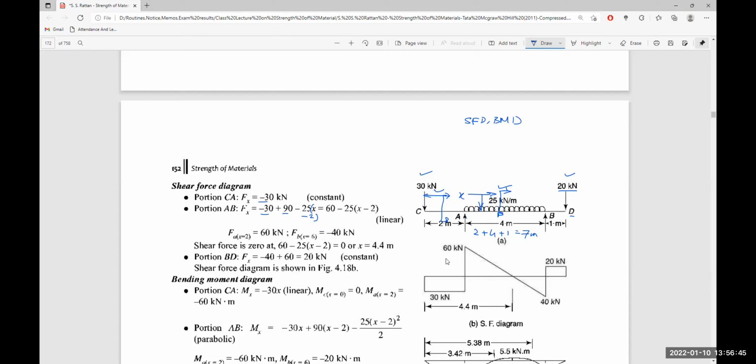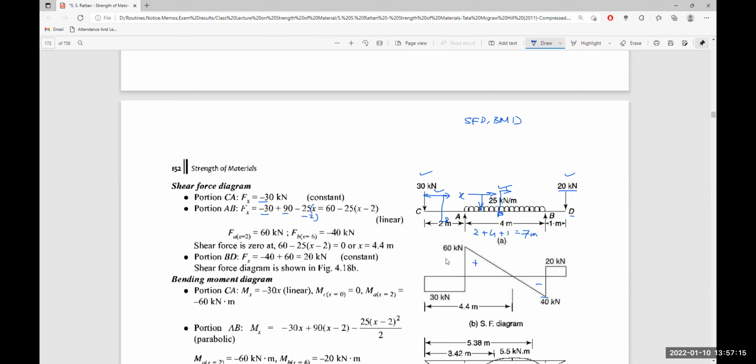And at the point B, where x is equal to 2 plus 4, that is 6, if we put 6 here, it is 4 times 25, minus 100. 60 minus 100 means minus 40. Here the shear force is negative in nature at the point B, equal to 40 kilonewton negative. And at the point A, it becomes positive.